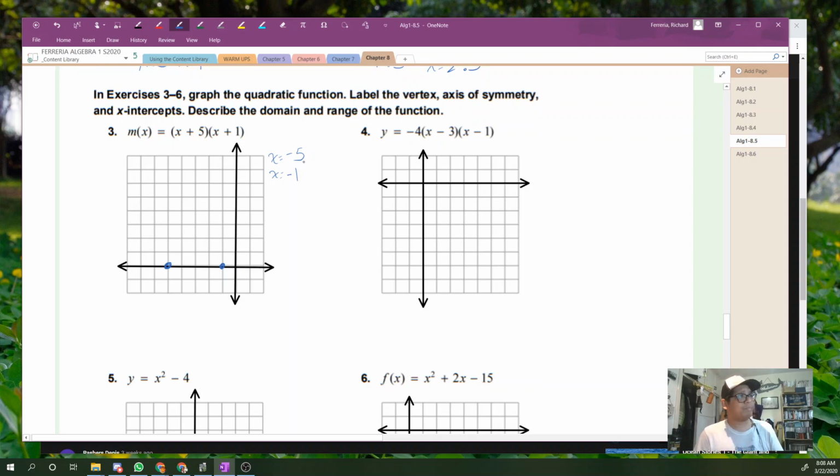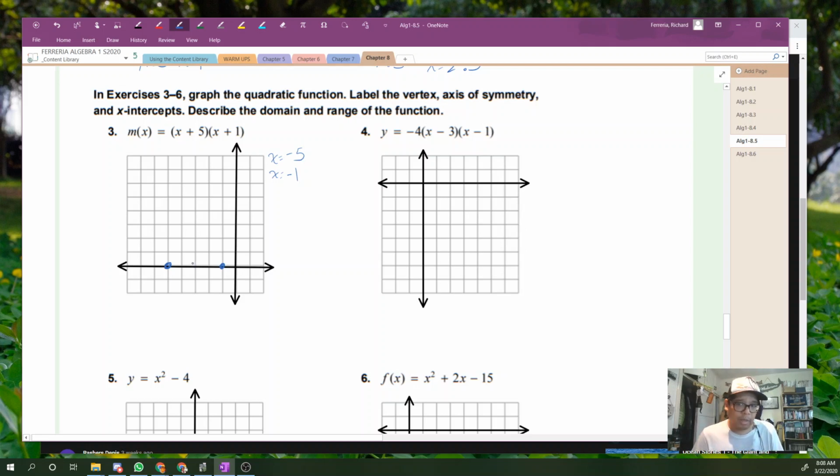What number is in between -1 and -5? Here's a good math tip for you, pro tip. If both of these roots are negative, then we can just treat them like they're positive and make the result negative. What do I mean by that? Well, what number is in between 1 and 5? It looks like it's 3.